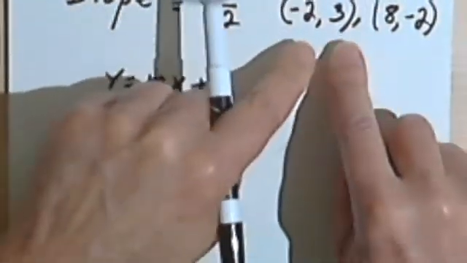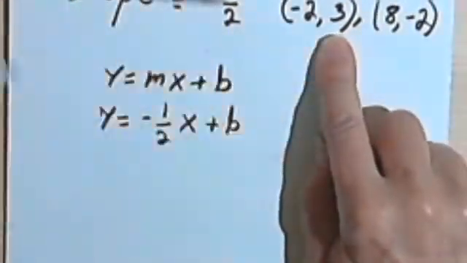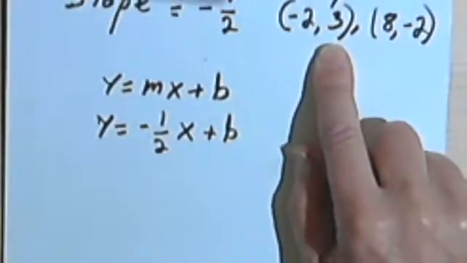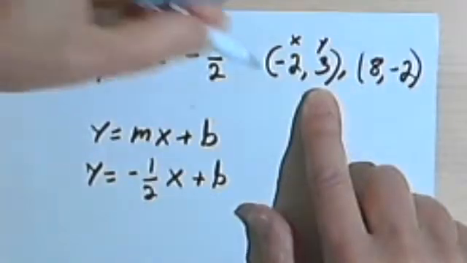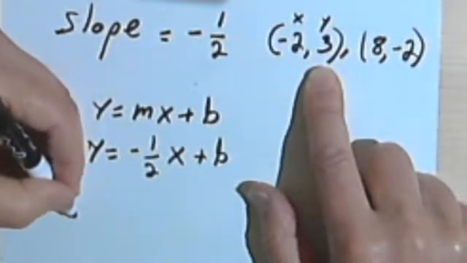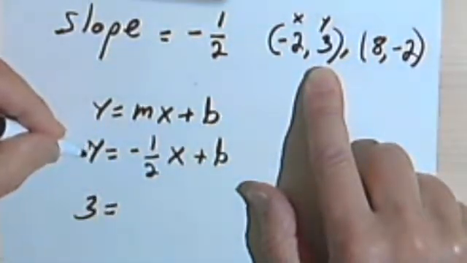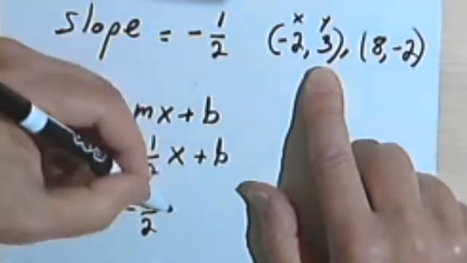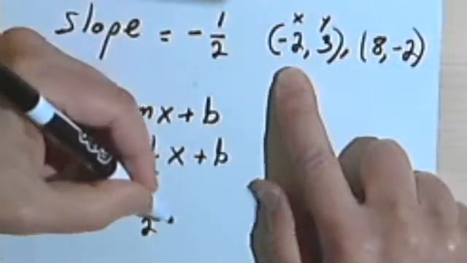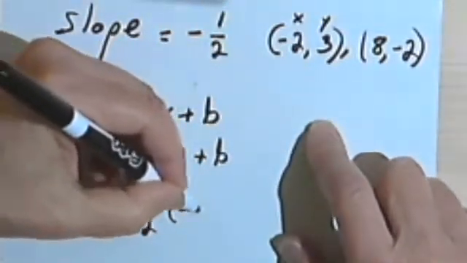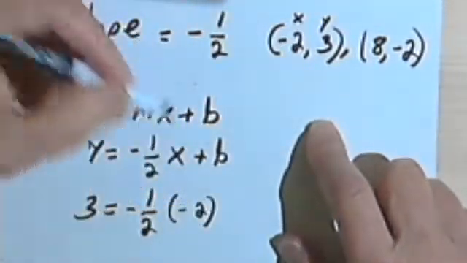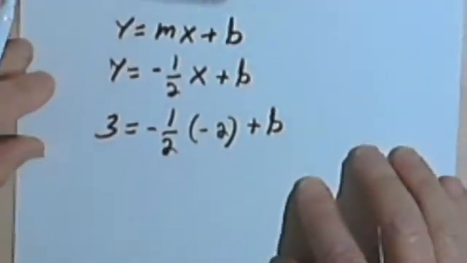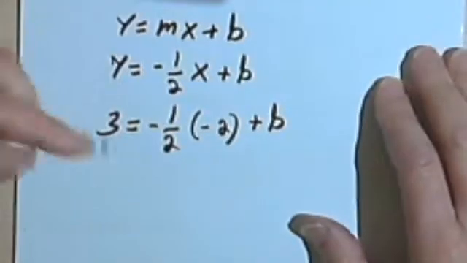And then I could find the b by substituting either this xy pair or this xy pair. So, I don't know, let's use the first one. So this is an x and this is a y. So I'll take the y, put that where the y is, minus 1/2, and I want that times this x, which is -2, plus b, and I should be able to solve this and get b.